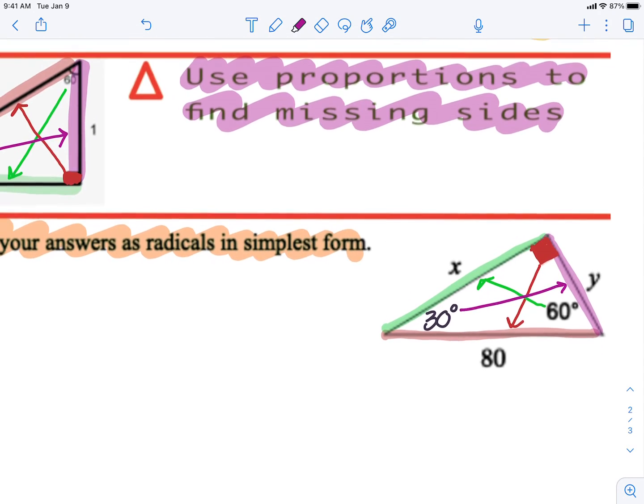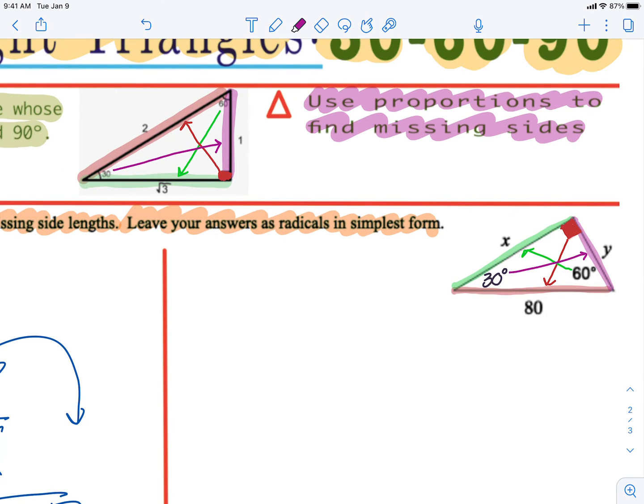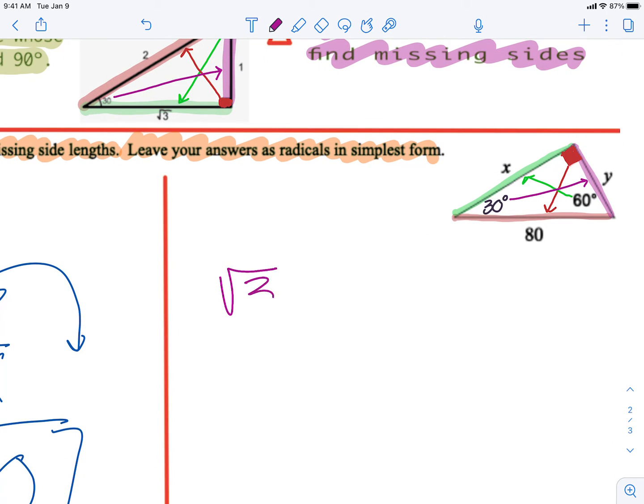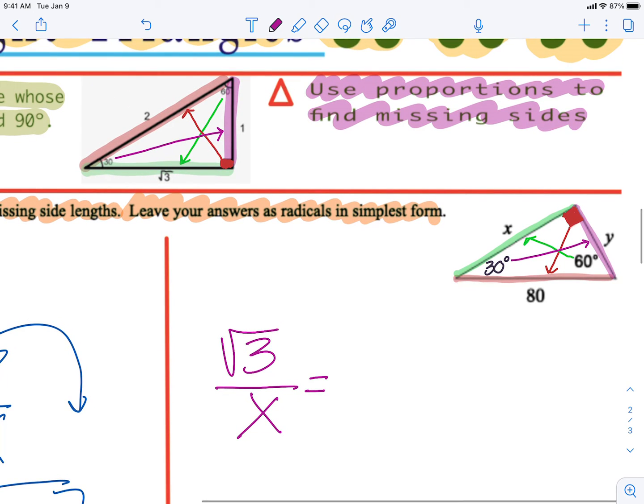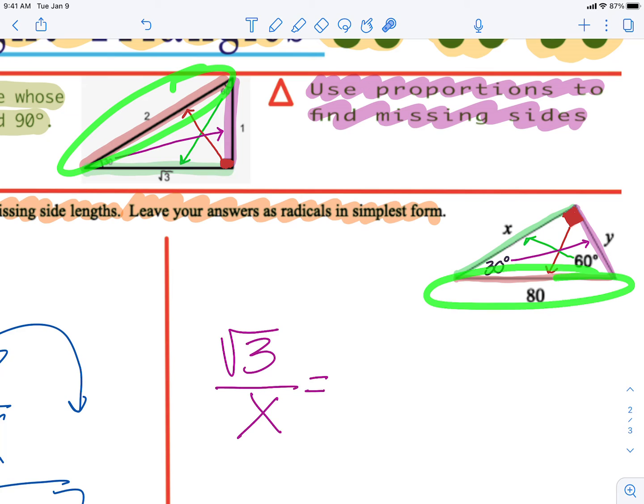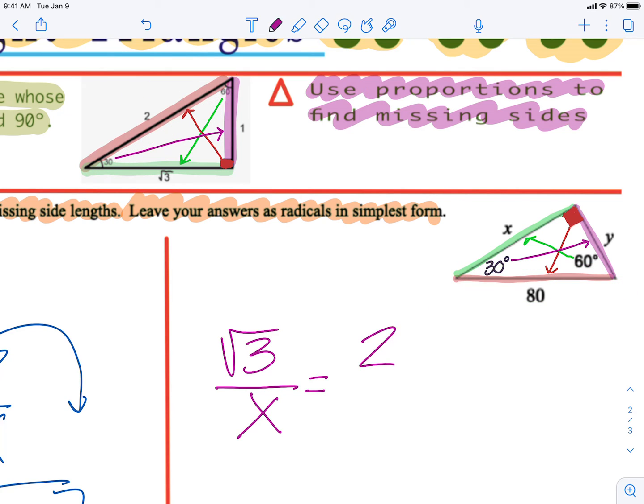Now, kiddos, all we must do is find similarities, find proportions, and we find our stuff. So let's go here, green over green. Radical 3 over x is equal to, let's see, red over red, 2 over 80. 2 over 80.